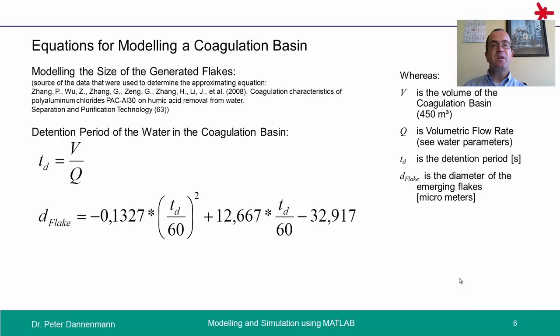While the water traverses the coagulation basin, microflakes adsorb to other ones, thus forming larger flakes. By this mechanism, the flakes grow over time until they reach a critical size that cannot be exceeded. This means that the size of the generated flakes significantly depends on the detention period of the water in the coagulation basin.